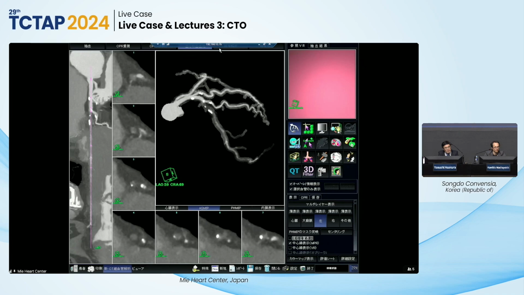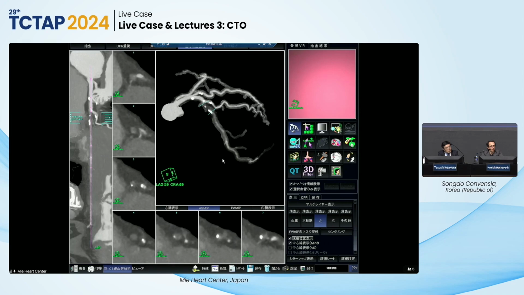Could you discuss this case? Sure. I think you visualized the antegrade takeoff very nicely, but I agree that the distal landing zone might not be so nicely seen as you described. There might be multiple sources of collaterals. Definitely the conus branch is a source to the distal cap.